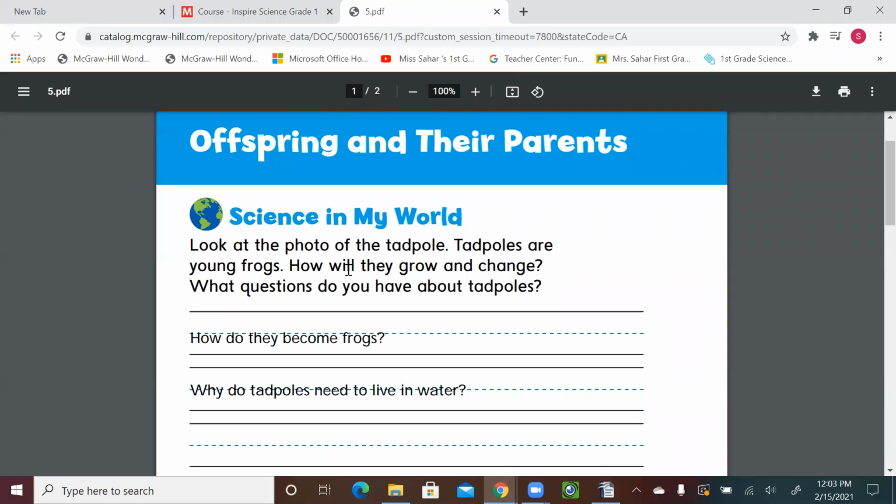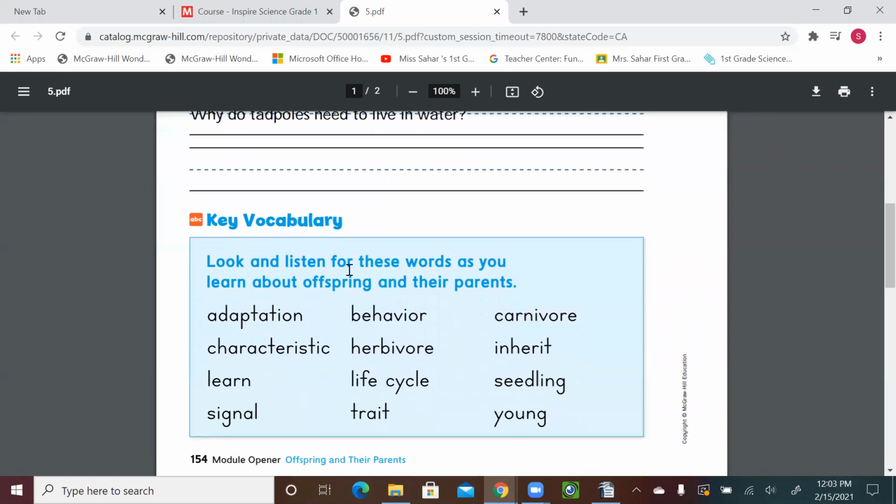All right, let's go and see the vocabulary that we will be seeing in this lesson. Look and listen for these words as you learn about offspring and their parents. We have adaptation, characteristic, learn, signal, behavior, herbivore, life cycle, trait, carnivore, inherit, seedling, and young.